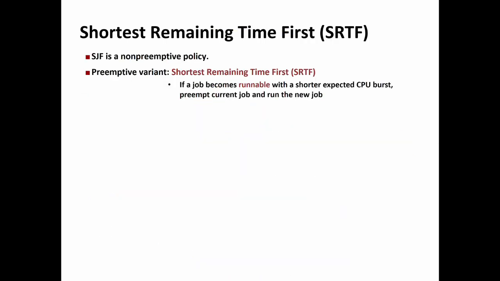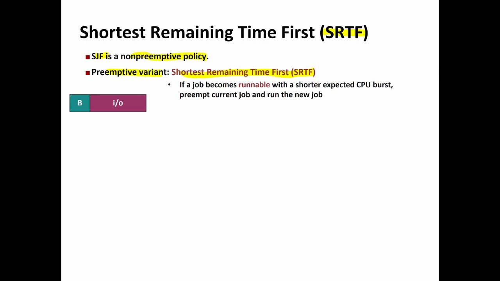now let's look at shortest remaining time first, or SRTF. Remember that shortest job first was a non-preemptive policy. Now its preemptive variant is called shortest remaining time first. Okay, and it works as such.